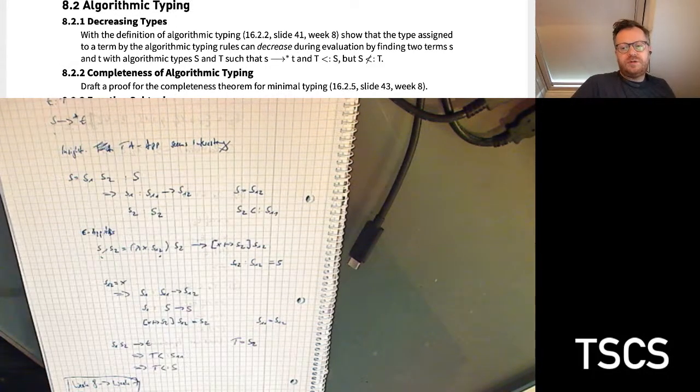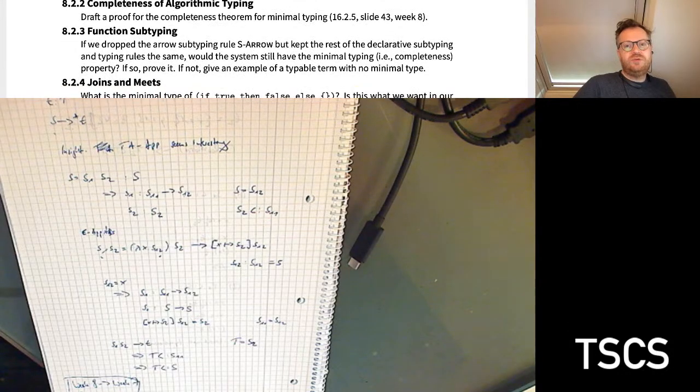Good. Not seems to be the case. Smooth sailing this morning. So let's move on to 8.2.